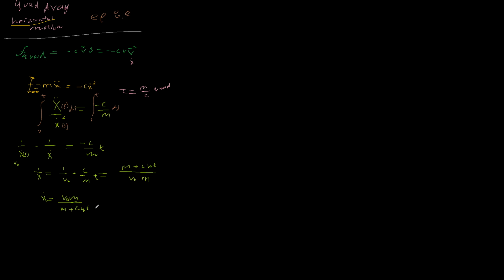And now I'm going to use this substitution for tau. If we divide by m, we get 1 plus v naught over tau times time. Interesting equation.